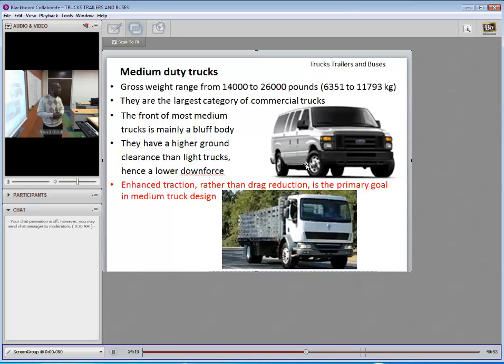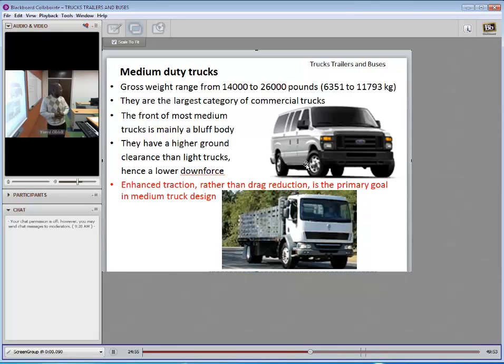So as far as the benefit is concerned for stability, when we look at it in the sense of the amount of downforce present, light trucks are better than medium trucks because they have a greater downforce keeping them down than medium trucks do have, essentially because of the height of the medium trucks from the ground.